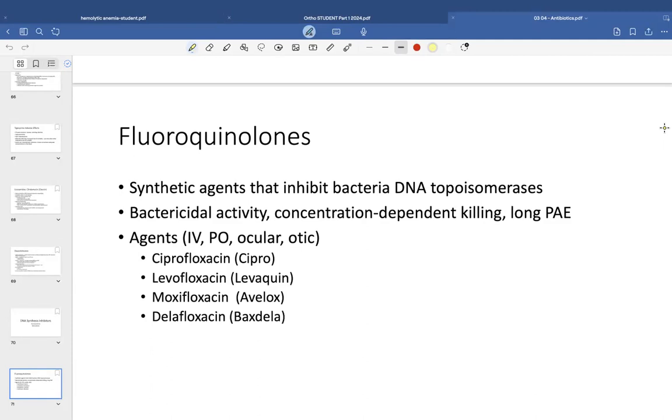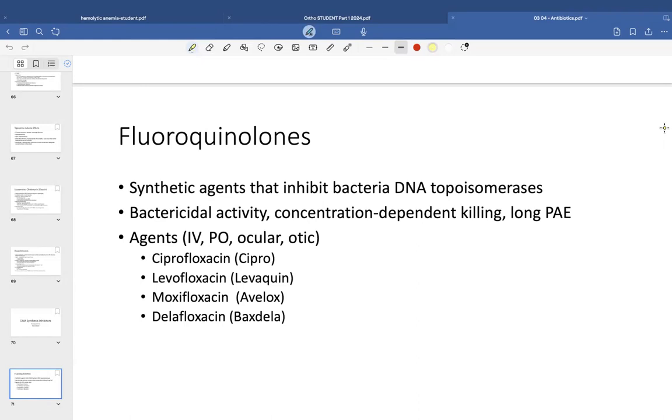You'll recall in the oncology unit, there are a few classes of drugs that also work as blockers of topoisomerase, like topotecan. Here we're talking about bacterial DNA. Quinolones exert bactericidal activity, a hybrid between concentration dependent killing with a long post-antibiotic effect.